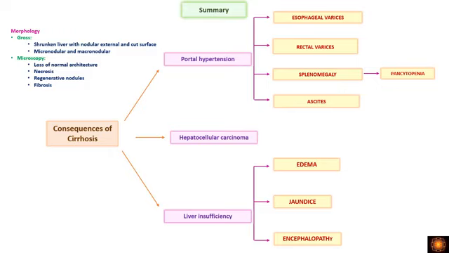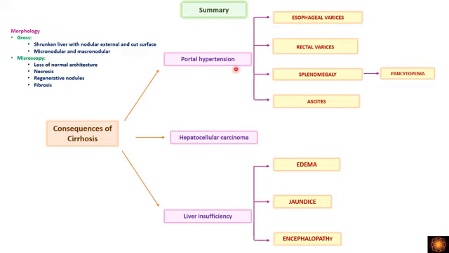So that finishes the consequences, and in the summary, grossly you have to remember the size is reduced and it has a nodular surface, and depending upon the nodules we have classified them as micro and macronodular, and the size cutoff point is 3 mm. Then in microscopy, we have a loss of the architecture, necrosis, regenerative nodules, and fibrosis. The three important consequences of cirrhosis are portal hypertension, hepatocellular carcinoma, and liver insufficiency.